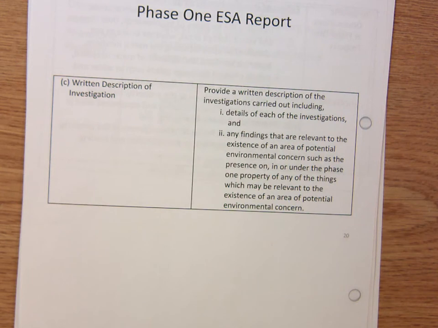So basically you write down anything that could potentially be a concern for the environment, for your soil pollution. So you write all of that information in your phase 1 environmental site assessment report.